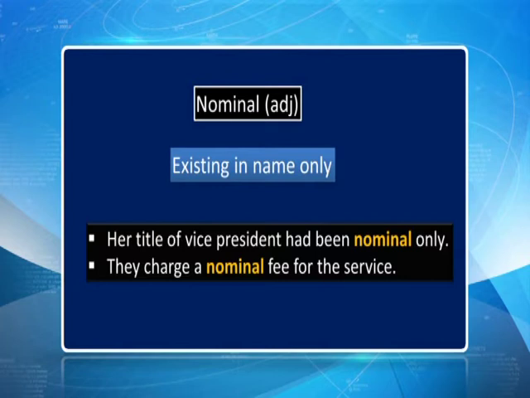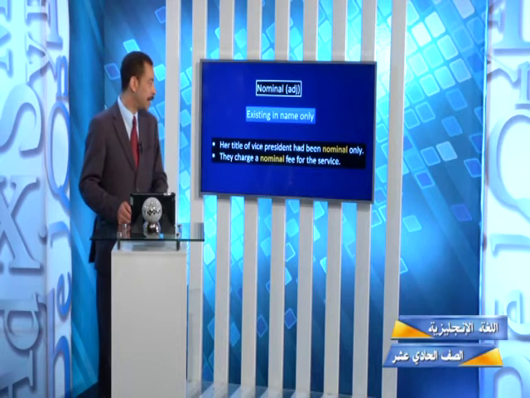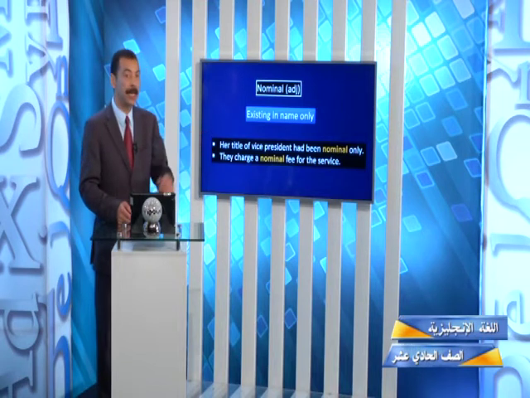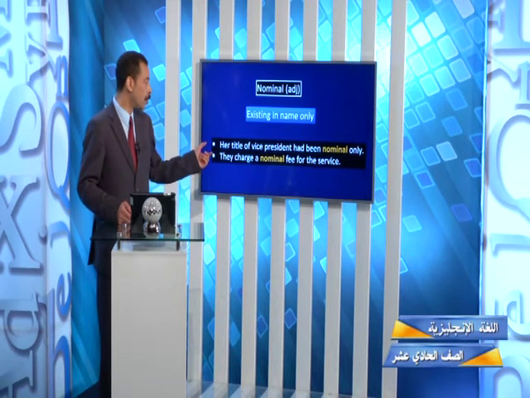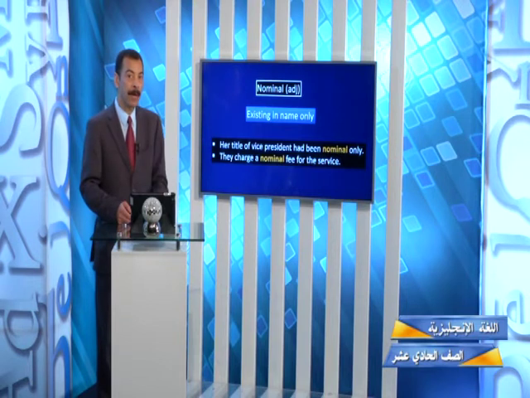And another illustration of this word could be, they charge a nominal fee for the service. But in this case, here nominal means of a little amount. That is, a little amount of money for the service. So nominal could be existing in name only, or it can also mean small amount of something.